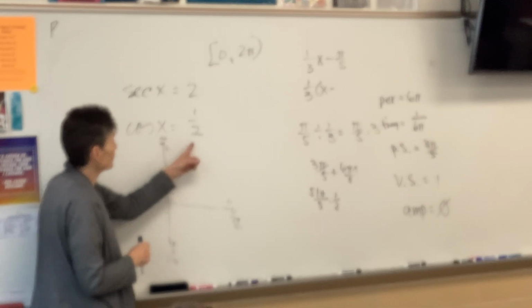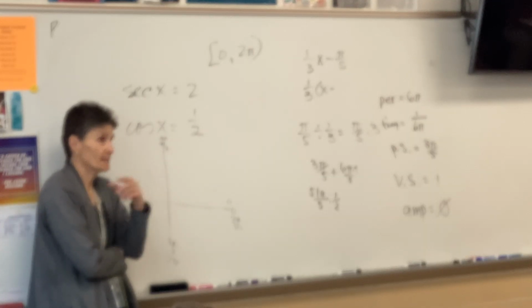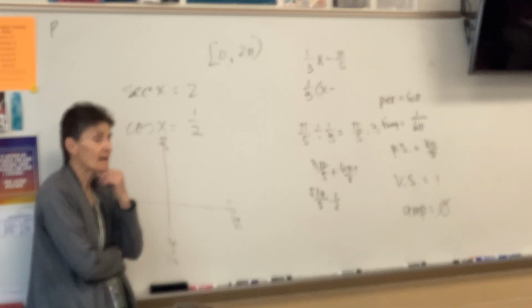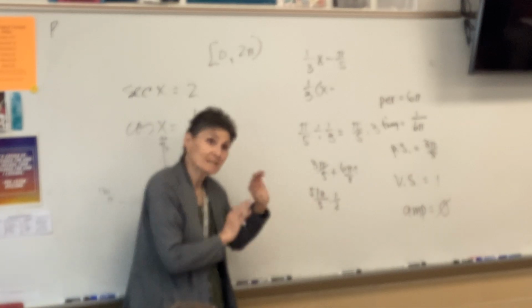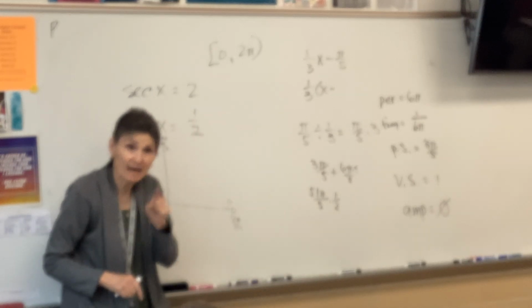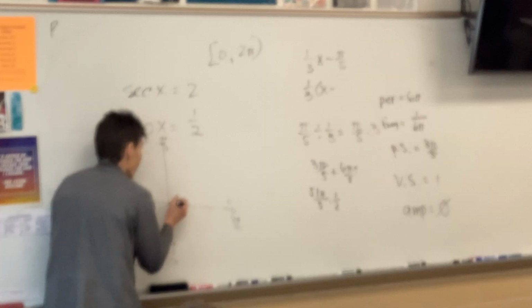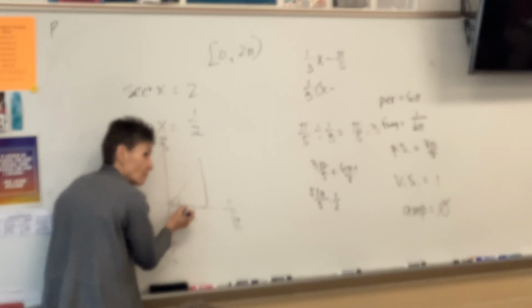Where would the cosine be a positive number? Let's start with that. The cosine has to be positive. Why? Because cosine is associated with x. When you draw a triangle, cosine is associated with adjacent, right?